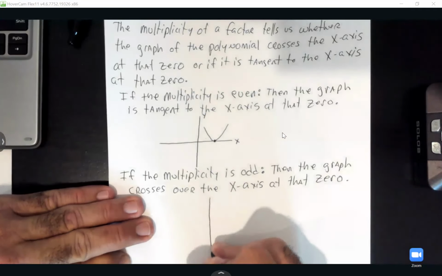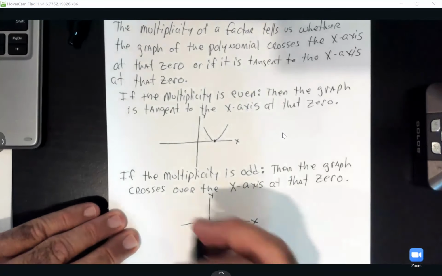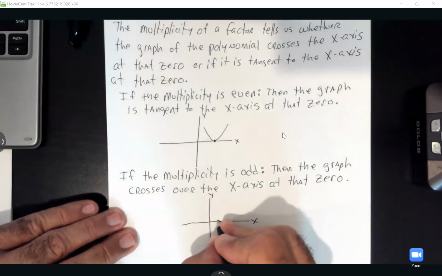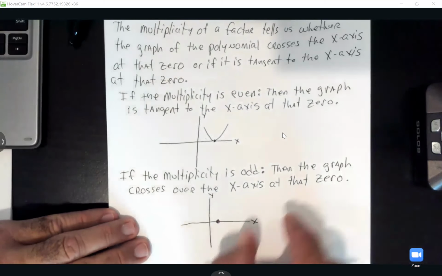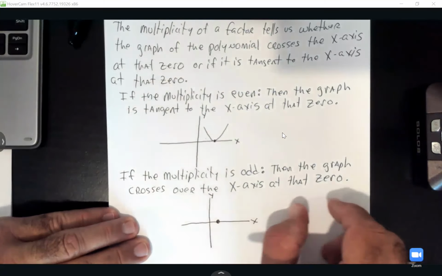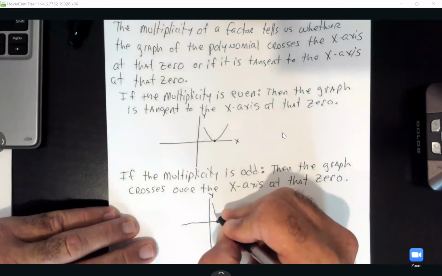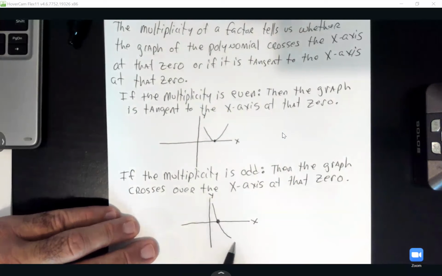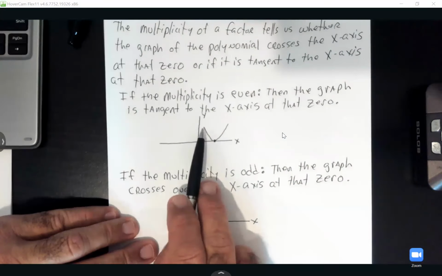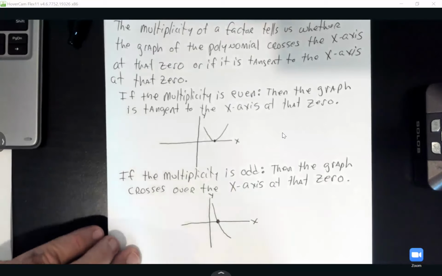So say I had me a graph. So let's say my 0 was over here at 2 or so. But if it had an exponent of 3, 5, 7, any odd number, what's going to happen is it's going to pass through the x-axis. It's going to cross right over it if the multiplicity is odd. So even multiplicities are tangent, odd multiplicities cross over the x-axis.